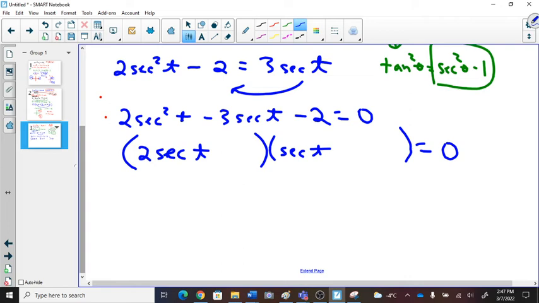Same idea as last time: 2 secants times 1 secant, and then at the end I need a 2 times a 1. Making sure 2 and 1 need to make a 3.